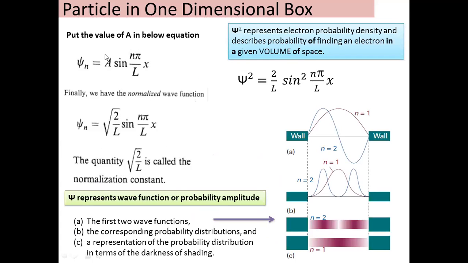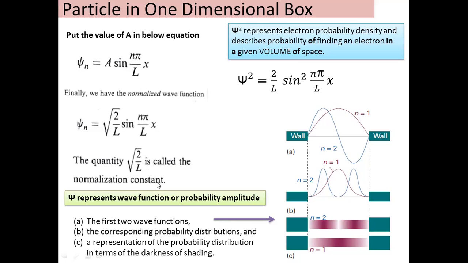Now, this was our previous equation, when we put the value of k in the first equation, and now we have calculated the value of a, and the value of a is square root of 2 over L. So I am just putting the value of a over here. So this psi will become equal to square root of 2 over L sine n pi over L and x, and this factor is called the normalization constant.